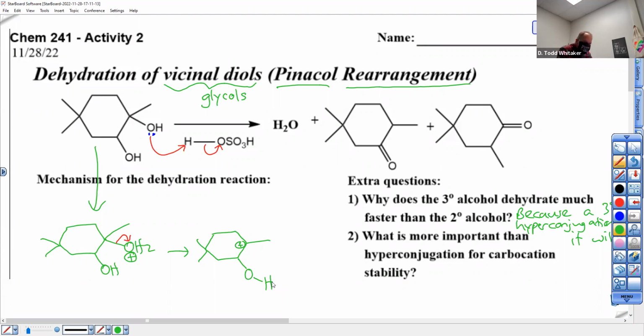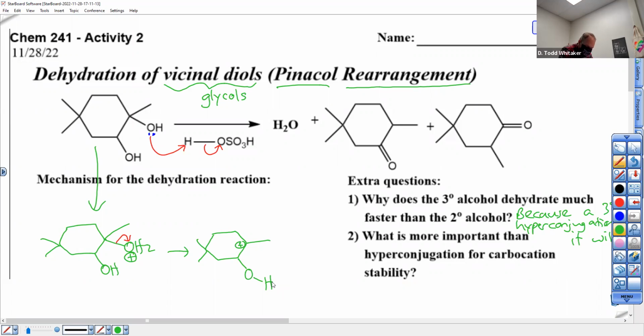Tertiary carbocations, until today, you thought those were the best. Until today. But apparently there's something more important than hyperconjugation. Because question 2 asks, what is more important than hyperconjugation for carbocation stability?